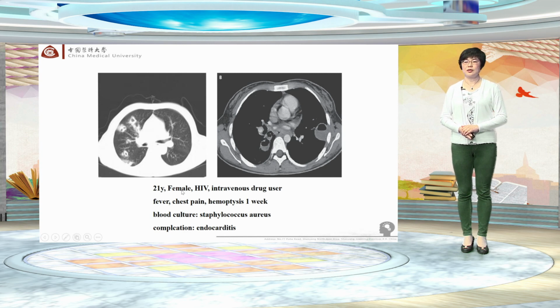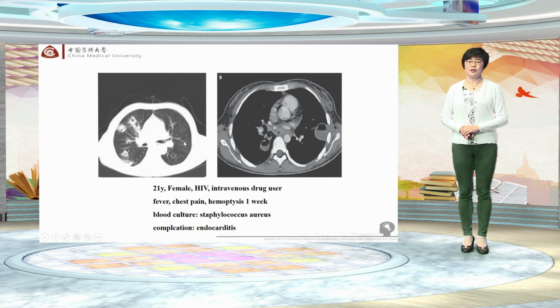She is an intravenous drug user. This time, she got fever, chest pain, hemoptysis for 1 week, and blood culture found Staphylococcus aureus. Also, she had a complication, endocarditis. So this is very typical lung abscess.